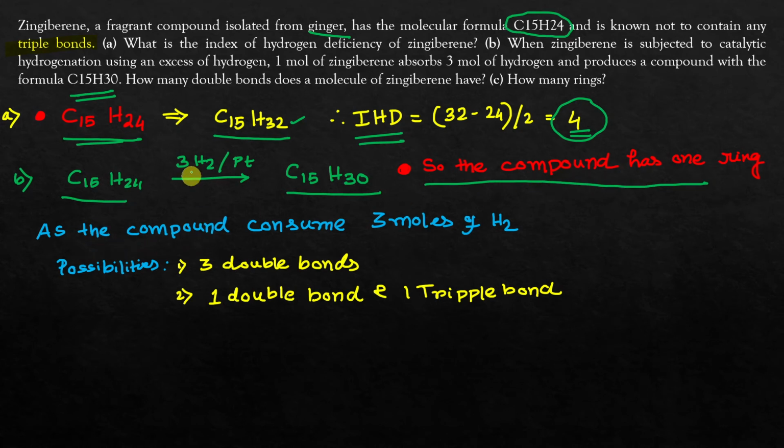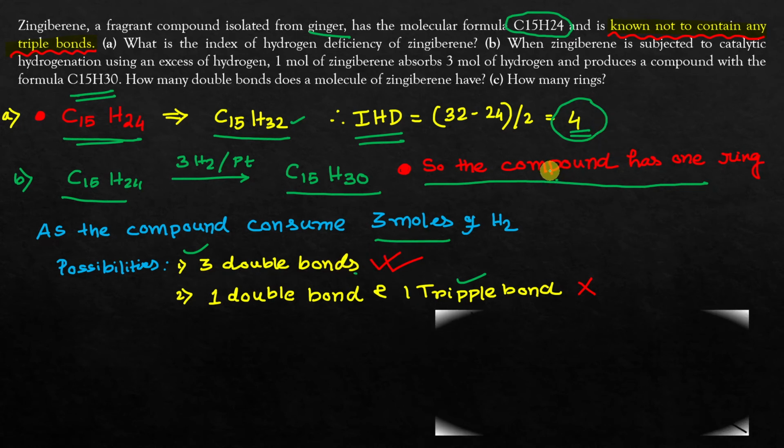Now, as this compound absorbed 3 moles of hydrogen, there are basically two possibilities. It could have a total of 3 double bonds, where each double bond contributes 1, or it could have 1 double bond and 1 triple bond. It is already told that this compound does not contain any triple bond, so we can say that it has a total of 3 double bonds and 1 ring.